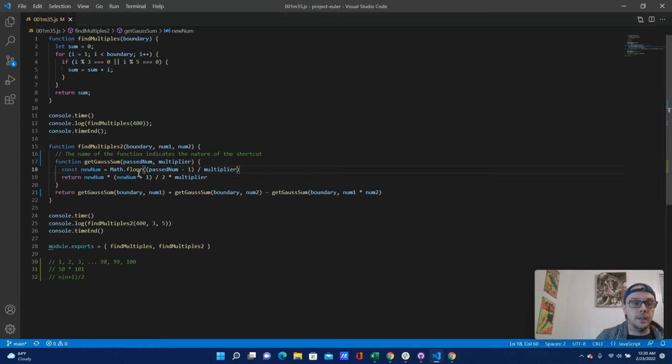So we pass that in, then we get the Gauss sum, and then we take that multiplier and put it back in. So for example, if we're doing this with the numbers from 1 to 100, and let's include 100 to make our math a little bit easier here, from 1 to 100 that are divisible by 5. If we tried to sum them all up, we divide 100 by 5, we get 20.